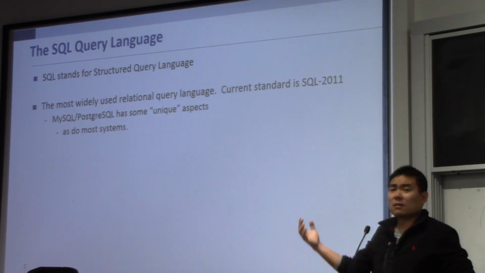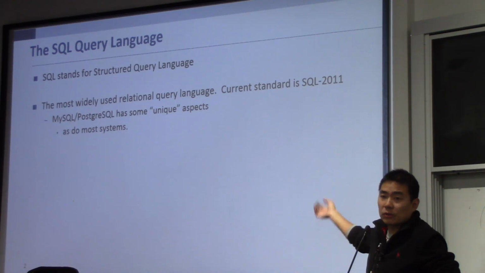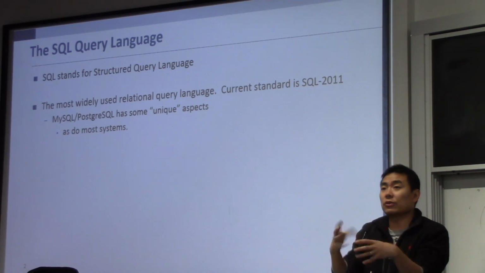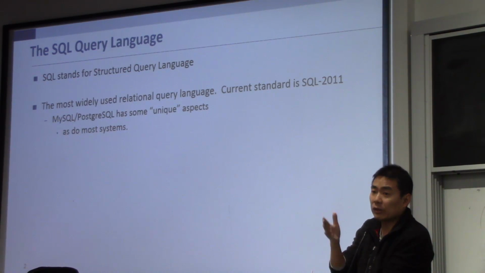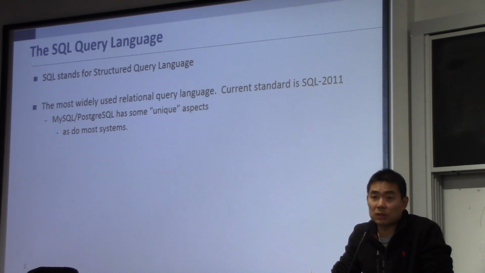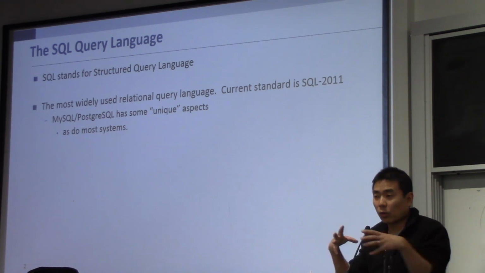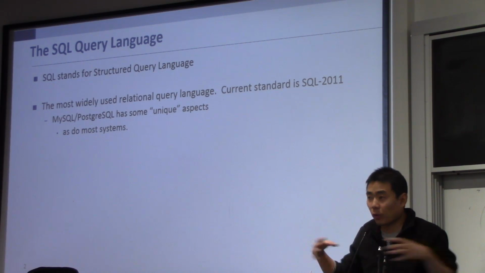Of course, MySQL, PostgreSQL, and even Oracle, SQL Server, DB2, in addition to the standard they have agreed to, have some add-on features that are specific to their particular database servers that you need to watch out for. Okay, but the core part of these different database systems conform to the same standard.